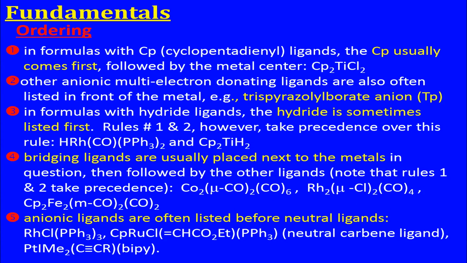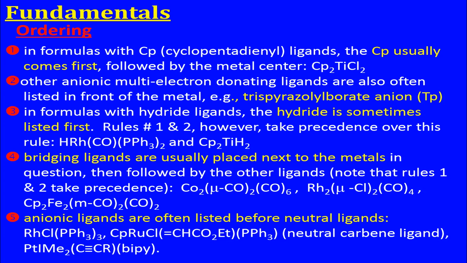Rule number 1: in a structure containing Cp ligand, Cp is written first, followed by the metal center. For example, Cp2TiCl2, we have Cp, so Cp is written before the metal.